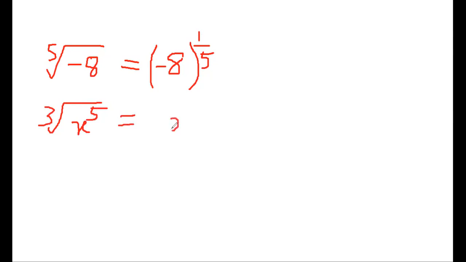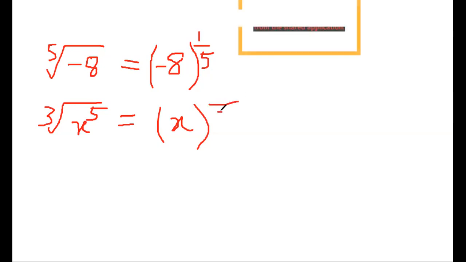First you write the radicand, and its power must be a fraction. The number 3, the index of the radical, will be in the denominator, and the power of the radicand, which is 5, lies in the numerator.